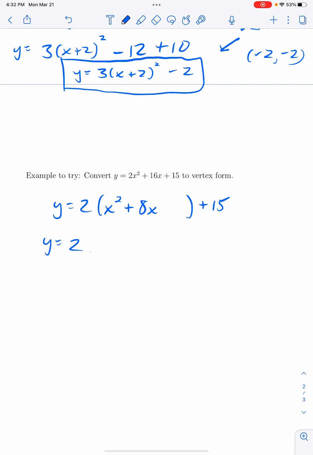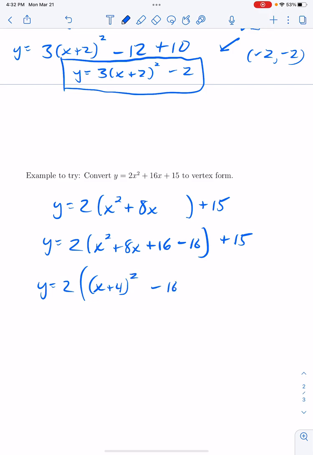Within the parentheses, we want to complete the square. So that would involve adding 16, half of 8 is 4, 4 squared is 16, and then immediately subtracting it. So inside these parentheses, we have x plus 4 squared minus 16.